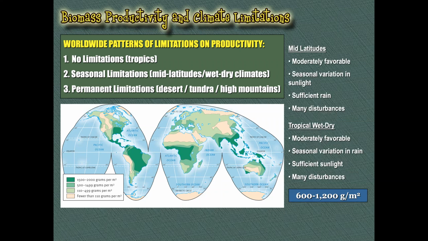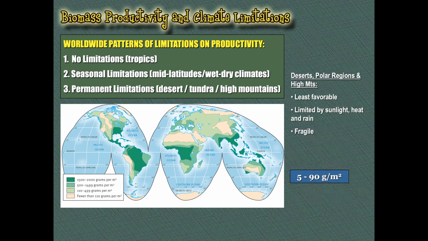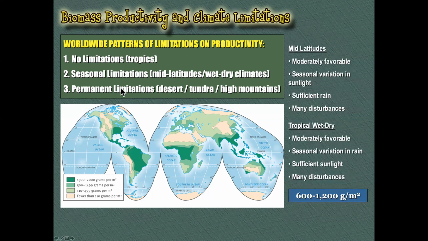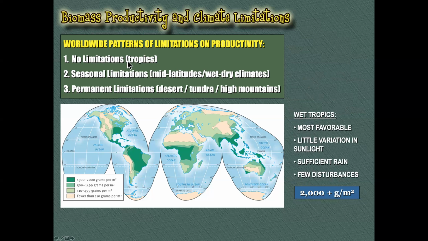Not quite as high, but definitely not like a desert. And then desert regions have very, very low NPP. So desert regions fit the permanent limitations. Mid-latitude and tropical wet-dry climates fit the seasonal limitations category, and tropical rainforests would fit the no limitations category.